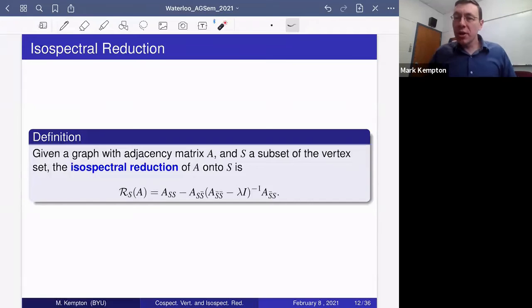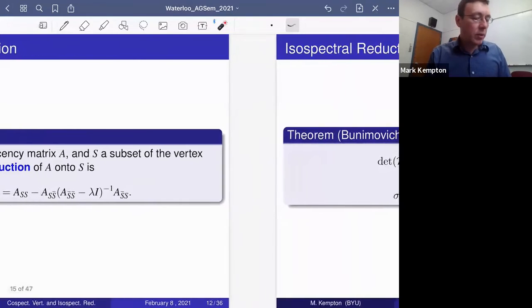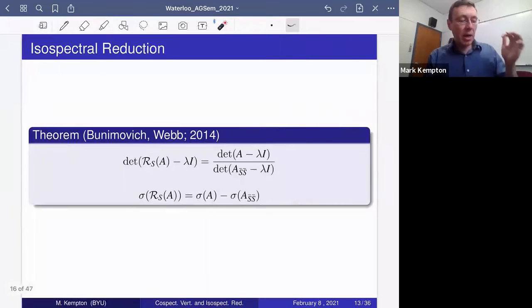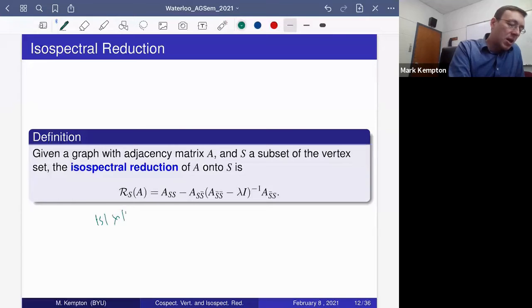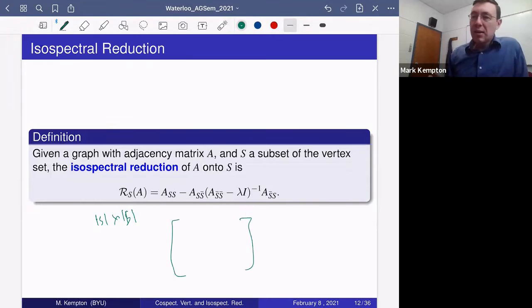If you're familiar with Schur complements, this is really just taking the Schur complement of A minus lambda times the identity relative to that particular subset S. One thing to point out is that the isospectral reduction is going to be a size of S by size of S matrix whose entries are rational functions in the variable lambda.